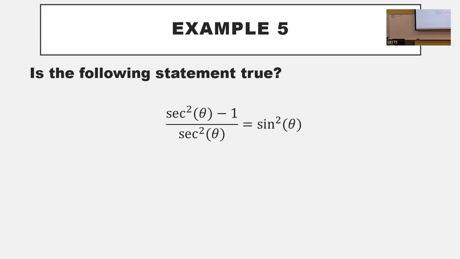Take everything in cosines and sines, or you can do it another way. Plus 1 and minus 1, left with tangent squared on top, and secant squared on the bottom. We could multiply both sides by secant squared.